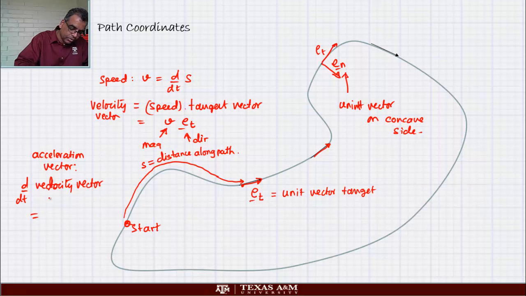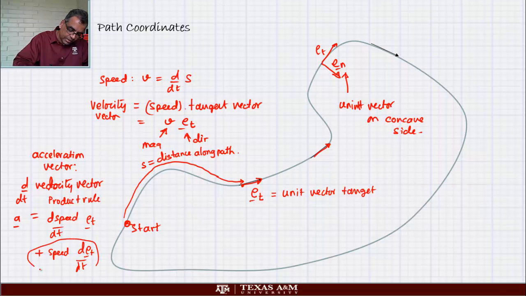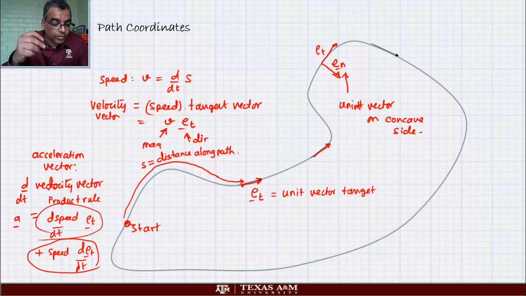If you do d dt, then you do product rule and you will get acceleration vector equals d speed dt ET plus speed times d ET dt. This is change in direction, this is rate of change of speed. Can you see? Acceleration has two parts.